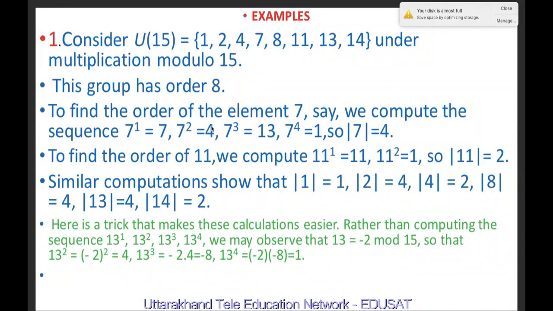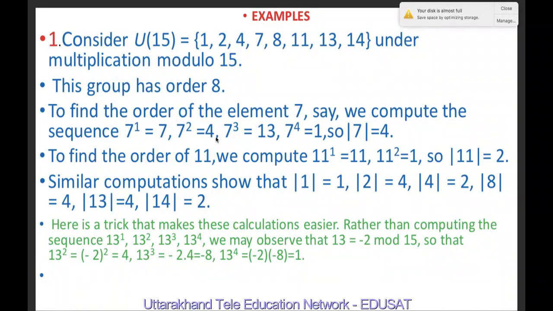So always use the operation of the group to compute these sequences: g, g square, g cube and so on. So here the operation is multiplication modulo 15. So I have used multiplication modulo 15 to calculate 7 square. 7 square means 7 into 7, 49. 49 divided by 15, 15 threes are 45.